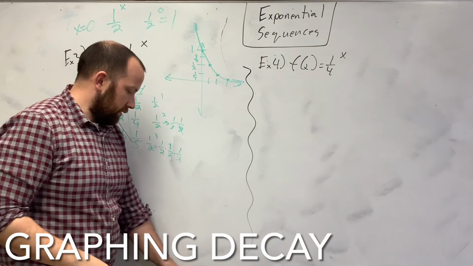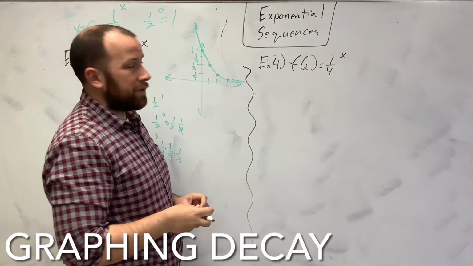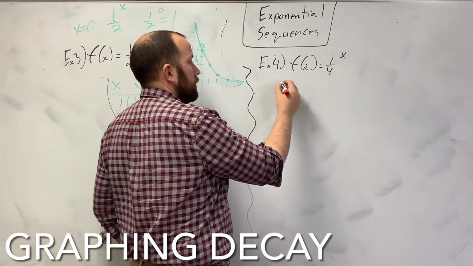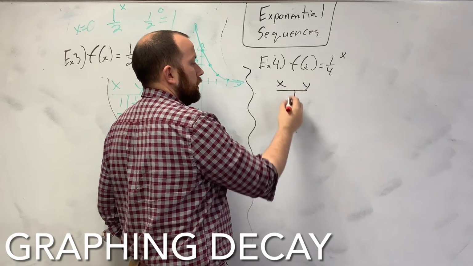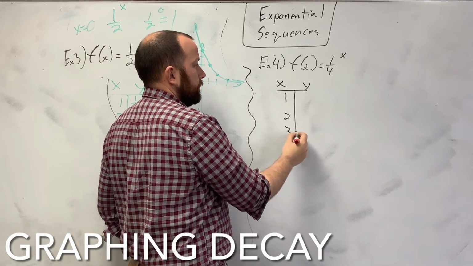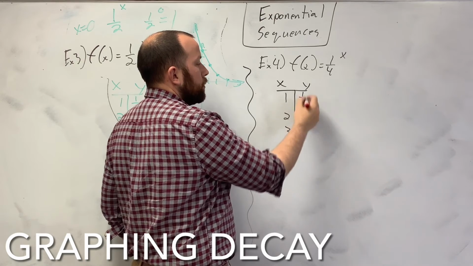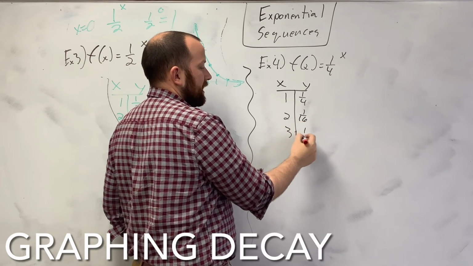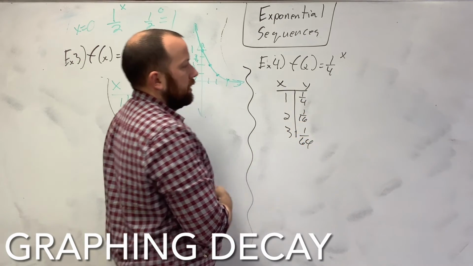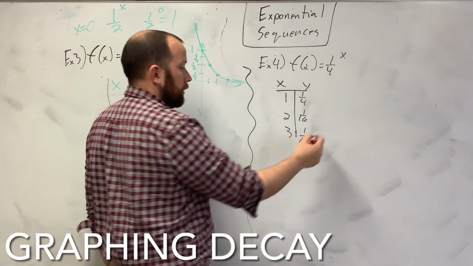Now this one's not hard, it's just a little bit more bothersome, I guess. So x, y, 1, 2, 3. That gives me 1/4, that gives me 1/16, and that gives me 1/64. Now I graph it.